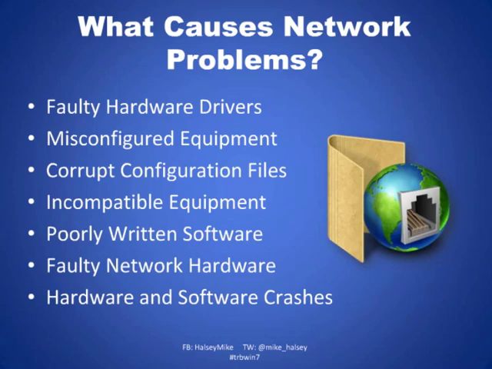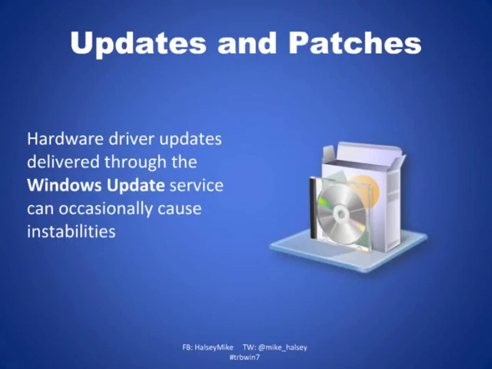Now, I want to come back to this first one, the faulty hardware drivers, and look at this in more detail, because you might be surprised how often driver incompatibilities that come through Windows Update itself cause problems. The reason being that your computer is unique. It's unlike any other computer on the planet.